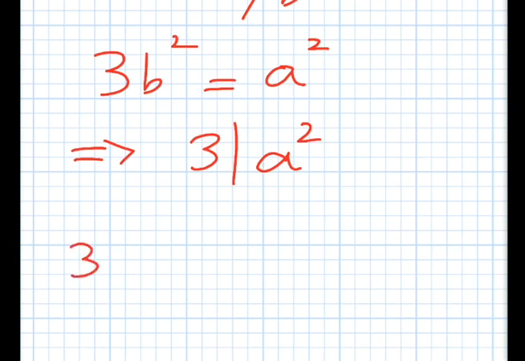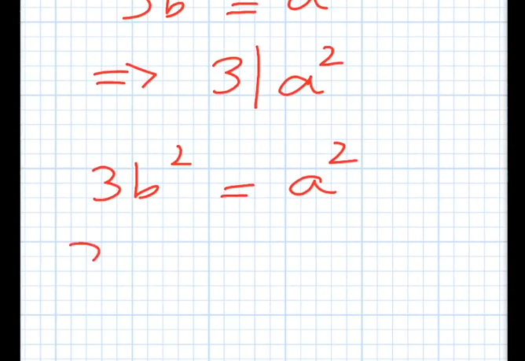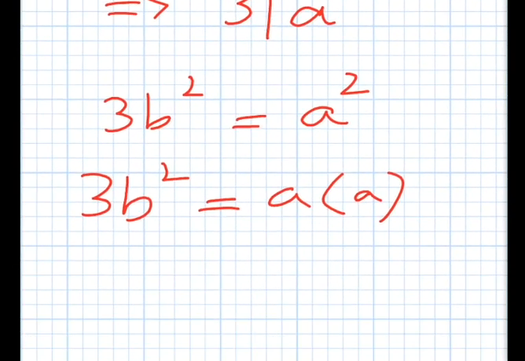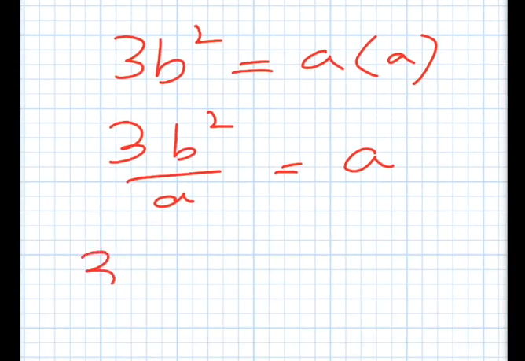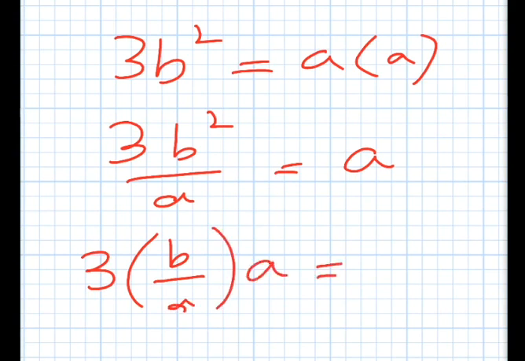I can write it again, 3b squared is equal to a squared, and let me write one more step. So a times a, then I can bring 3b squared over a, this is equal to a, and then I can say 3 times b over a, and this is equal to a. Sorry, not a, b.